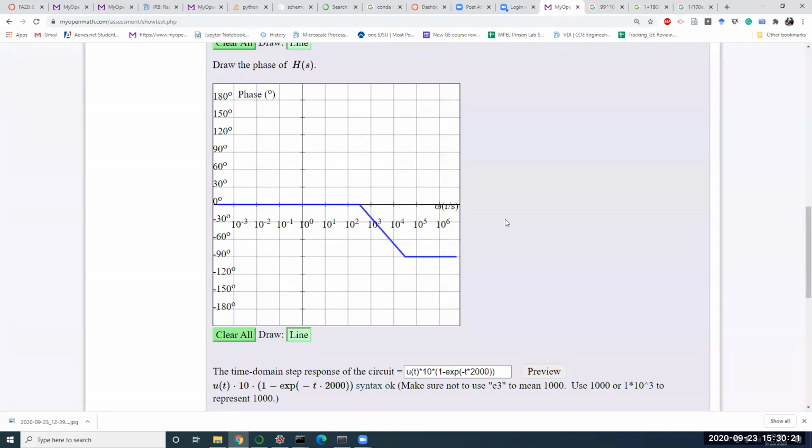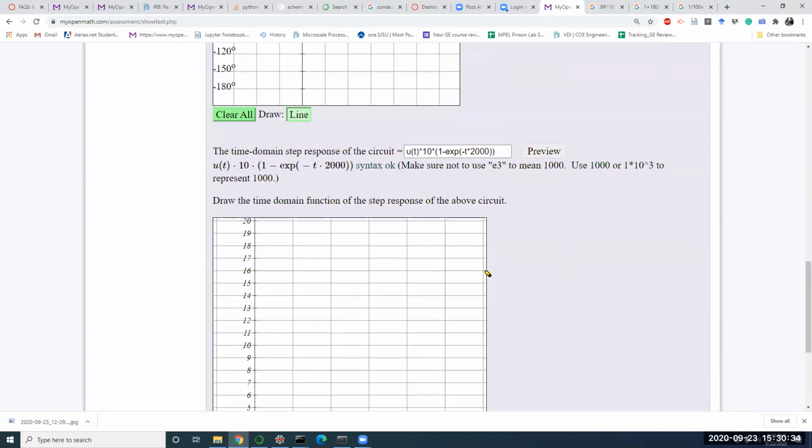I know it's hard to draw on a log scale when it's not a power of 10, but I actually have the grading set so that it can handle that. And then here I have to draw the step response.